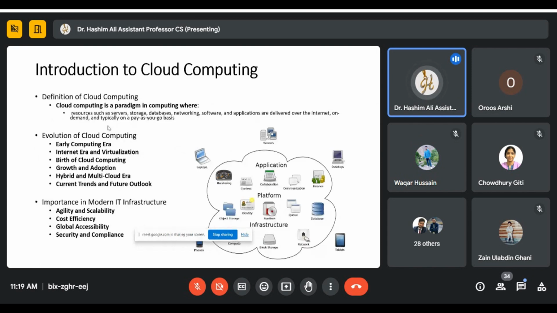Cloud computing refers to the delivery of computing services over the internet, providing access to a shared pool of computing resources. These resources can be servers or storage resources, a database resource, a networking resource, a software resource, or any application resource, which are provided over the internet.